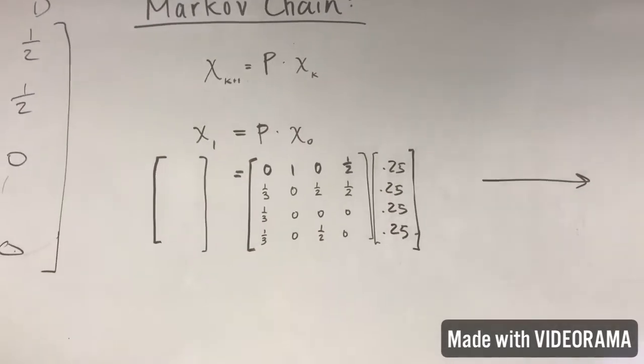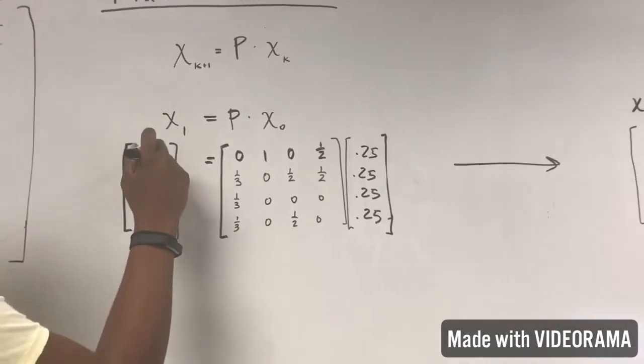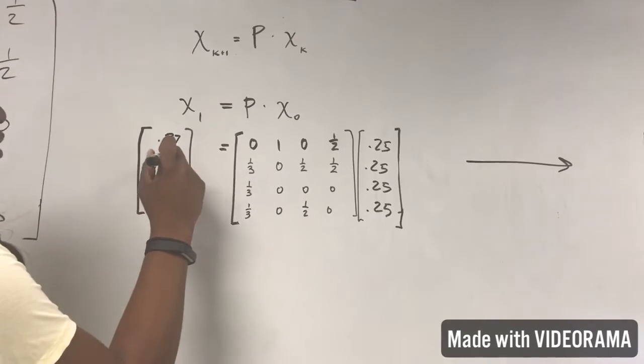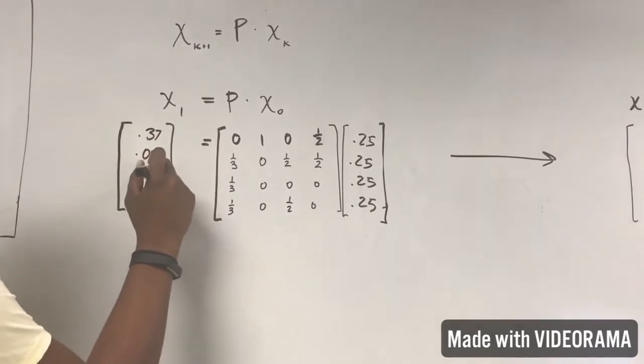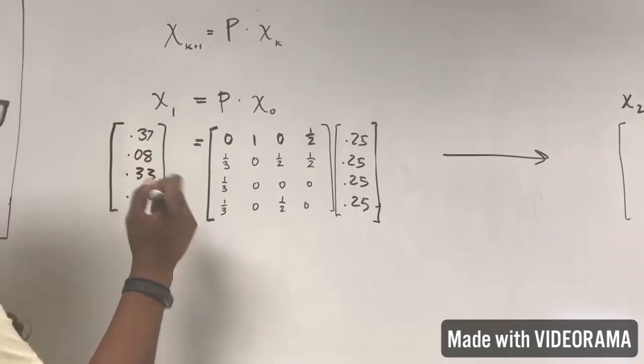Once you solve this, you'll get the result 0.37, 0.08, 0.33, 0.20.